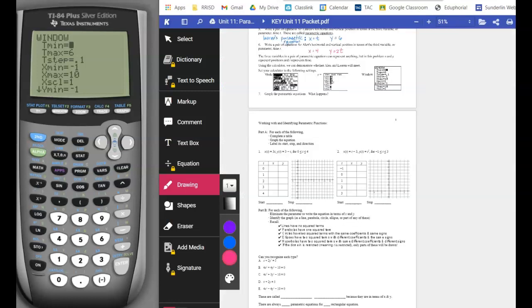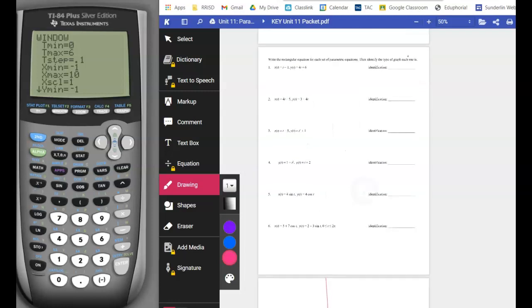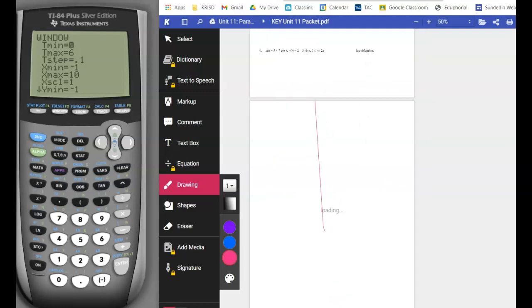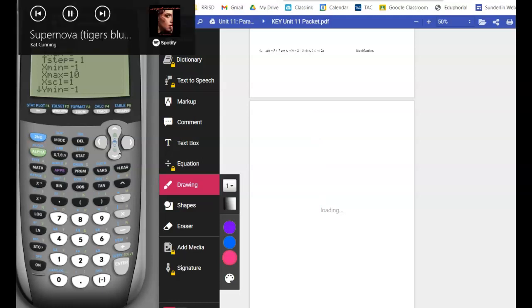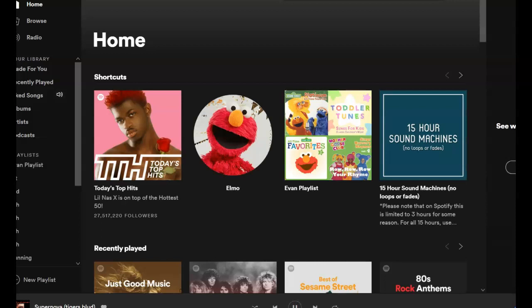Let's see, where's an example of that? Yeah, my music just randomly started playing.